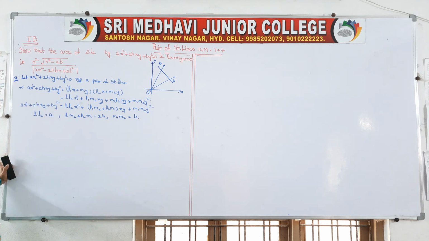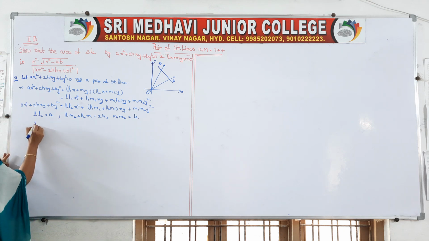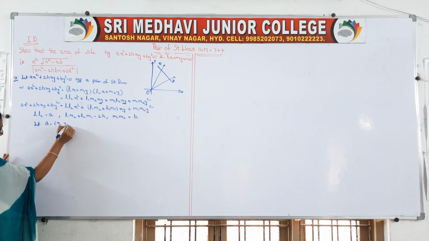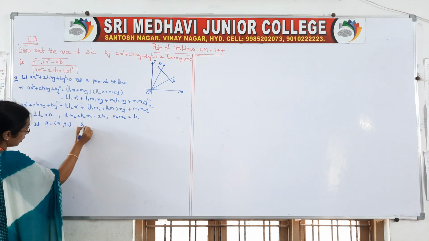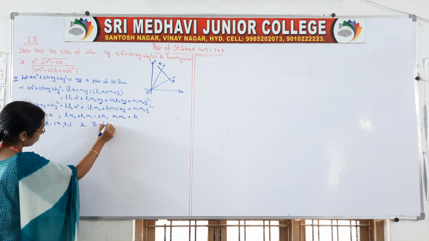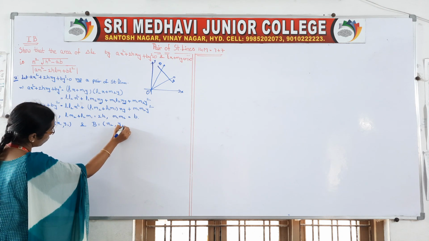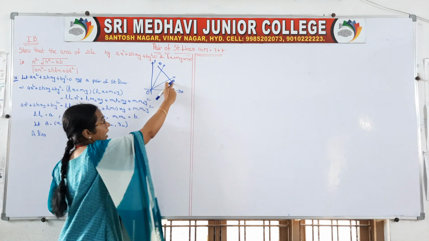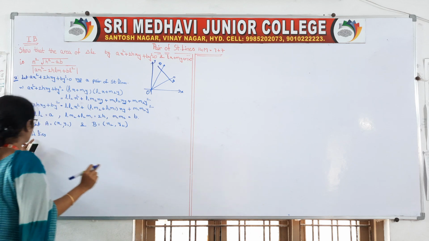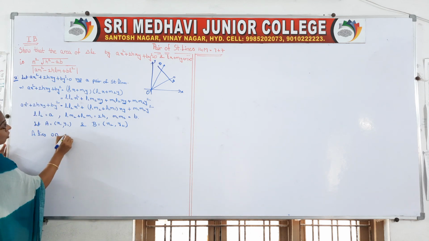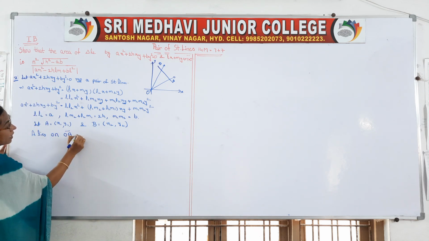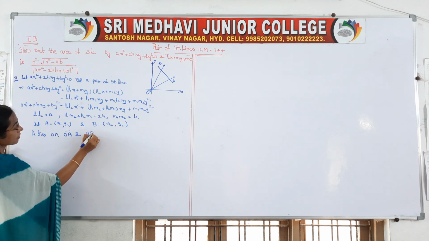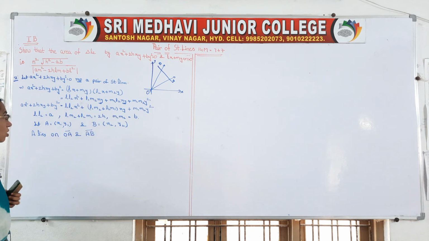Take the point A. Let A be x1 y1 and B be the point x2 y2. A lies on which two lines? OA as well as AB. So what is your OA?